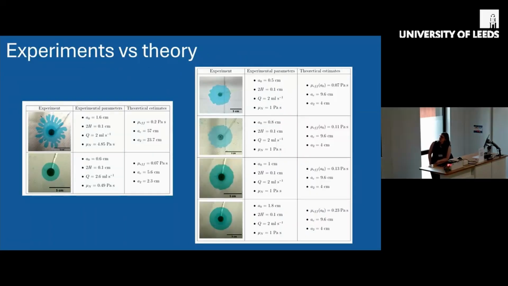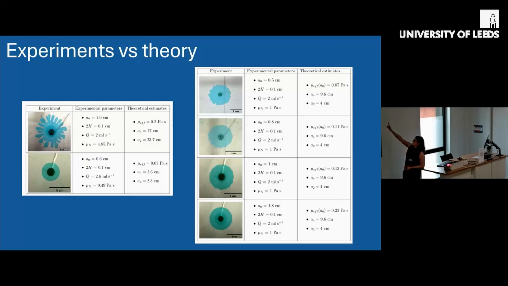Okay, so here comes the moment of truth, where you compare your experiments and your theory. I just want to bring your attention to the right side. In these experiments, which I showed earlier, you can see all the experimental parameters. Everything was kept the same except for the initial injection radius.